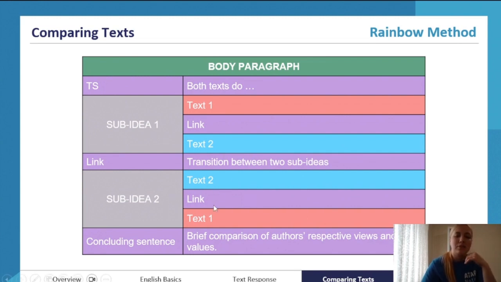And then you do the same thing, but this time you present evidence and analysis for text two first, because it's currently being unanalyzed in this first block, because only text one is being analyzed, and we just say, oh, this is similar or different in text two, here's the evidence to show that, right?